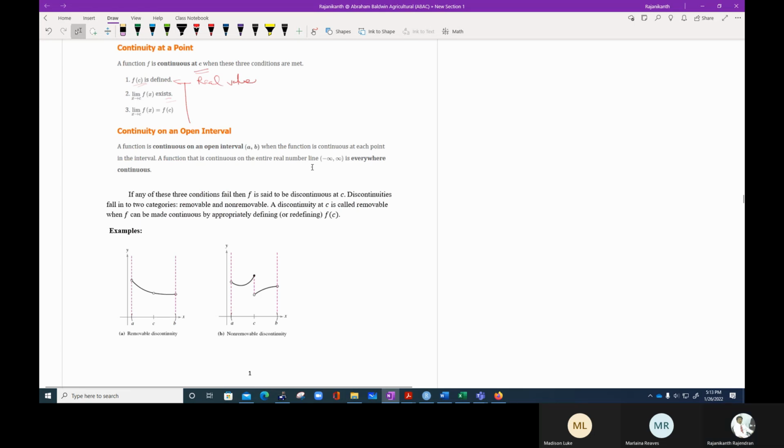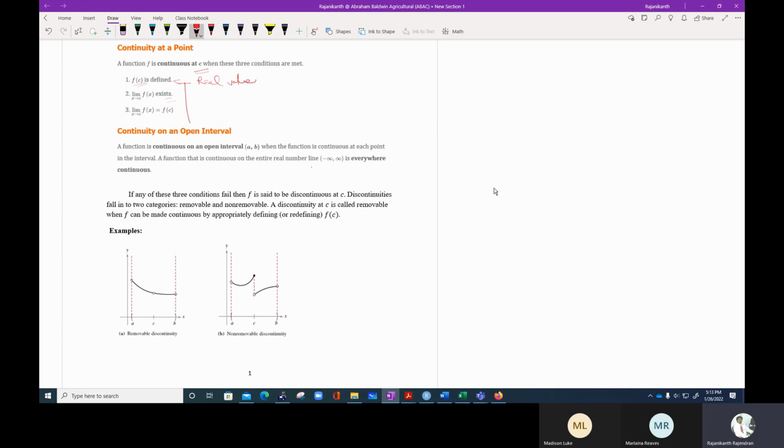Okay, the definition: the function is continuous on an open interval (a, b) when the function is continuous at each point in the interval. Okay, if the function is continuous on the entire real number line, then we say that the function is continuous everywhere.